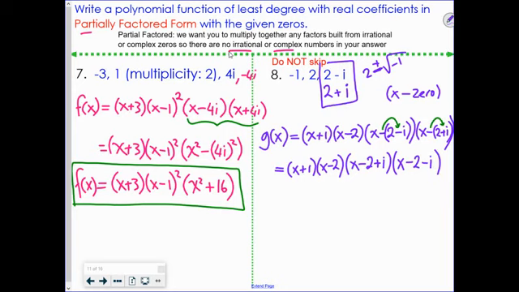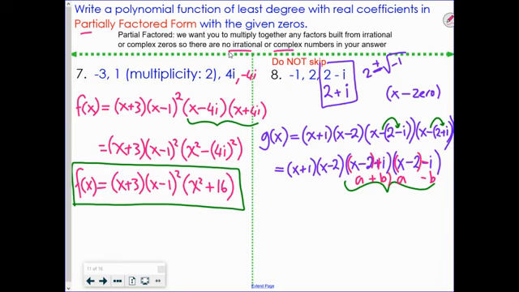Now, what we have to do, we're happy with those first two factors, but these last two, we've got to multiply them together, which looks a little difficult at first until you notice something. They're identical, except this one has a plus here and this one has a minus here. So this is like we've got a plus b times a minus b, where our a is x minus 2.